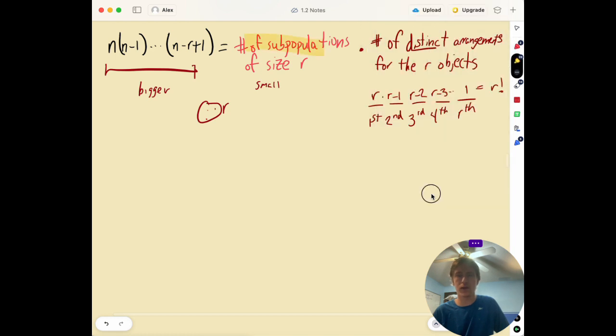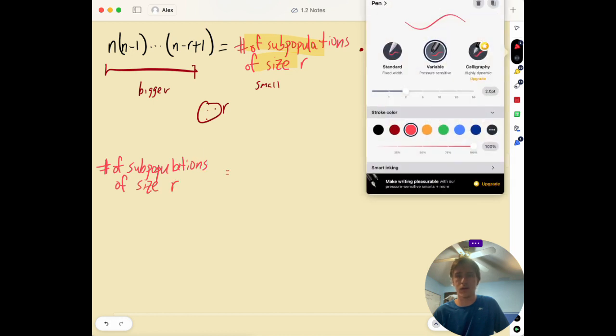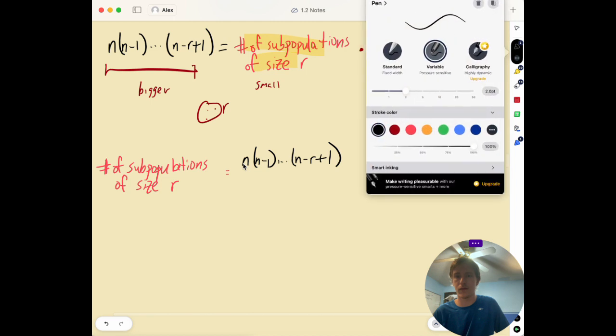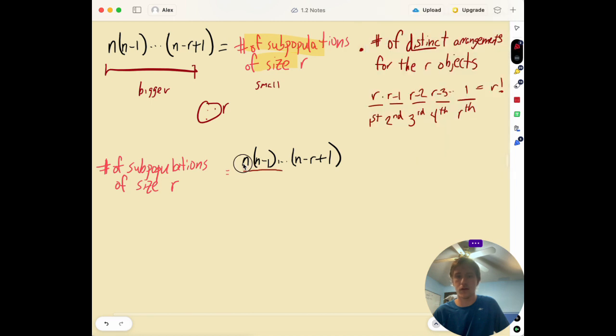Since we're trying to solve for the number of subpopulations, we get that the number of subpopulations of size r equals the sampling without replacement divided by r factorial.